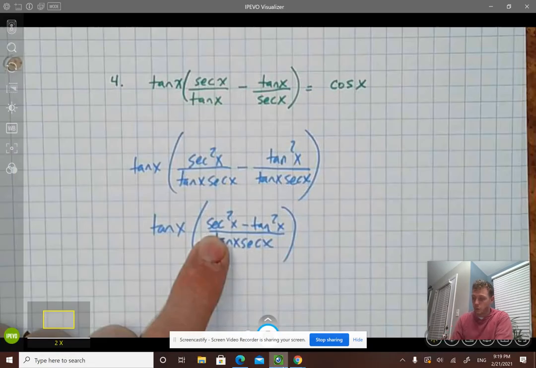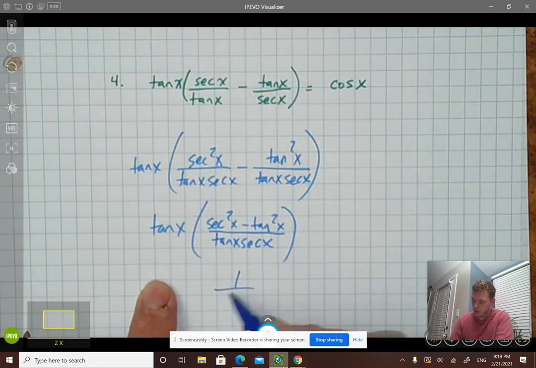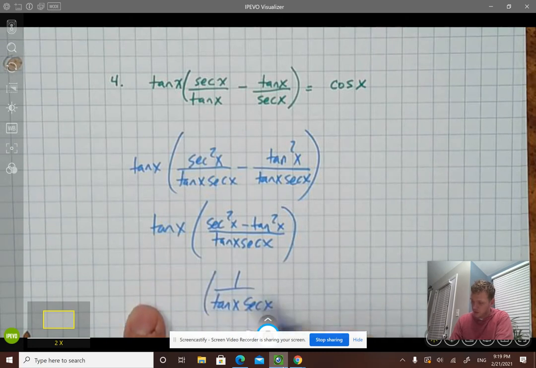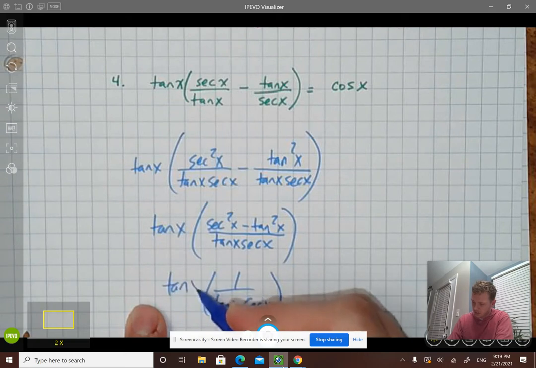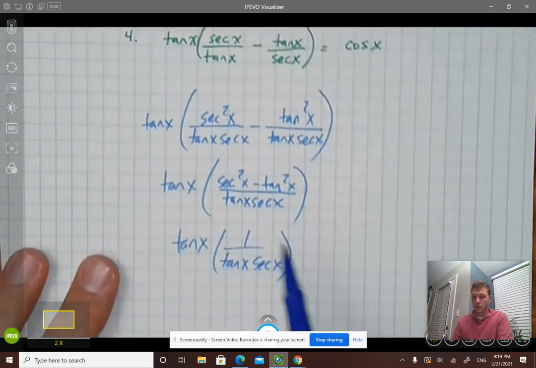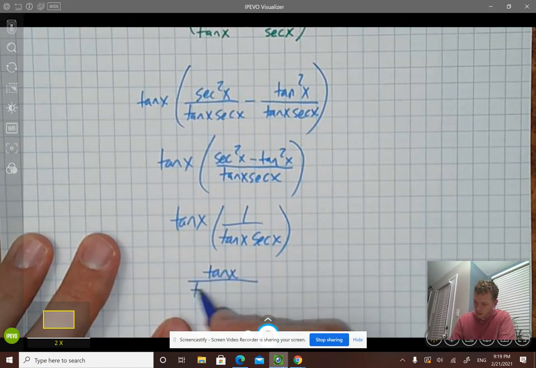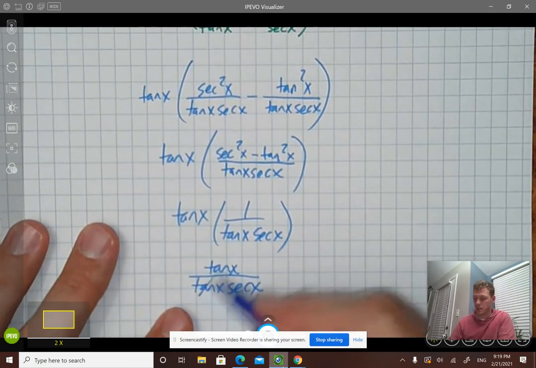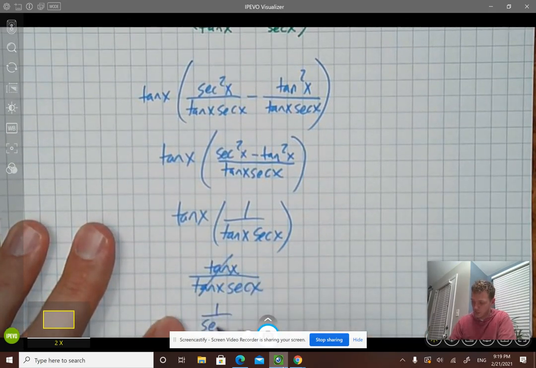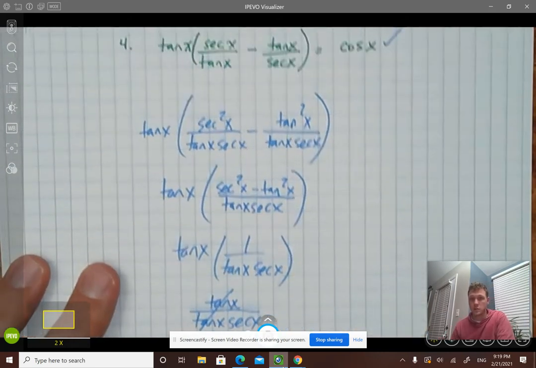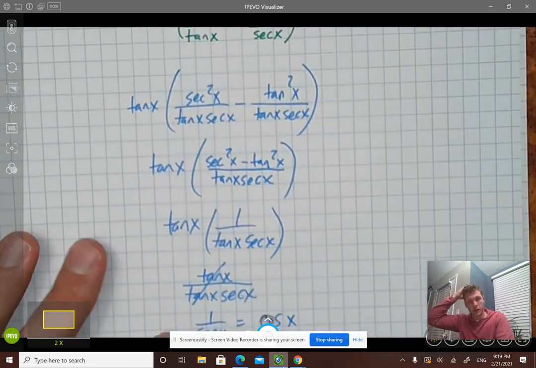So this whole thing right here is 1 over tangent of x, secant of x, times tangent of x. We actually multiply that. The secants are going to cancel, left with 1 over secant of x, which equals cosine of x, which, remember, that's what we're looking for. So we're able to verify it.